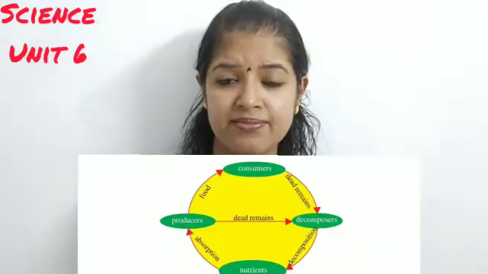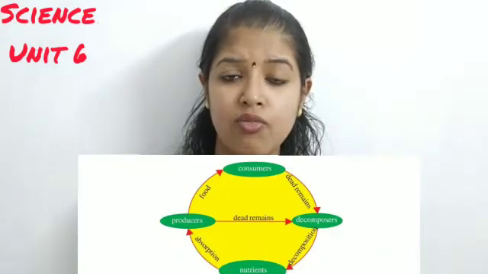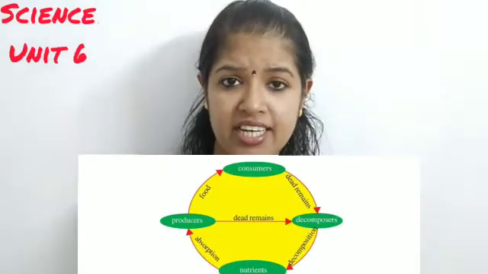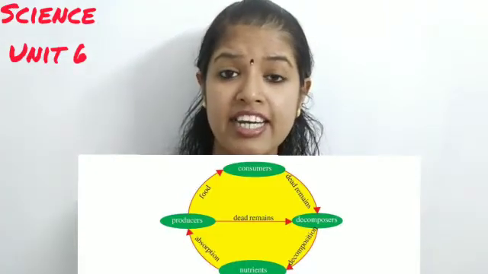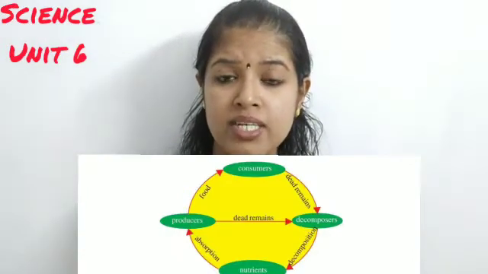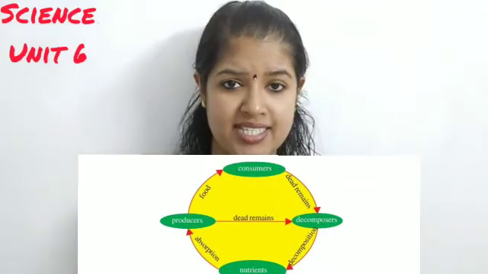Now can you see an illustration, children? What does this mean? This illustration shows the relationship between the producers, consumers and decomposers.